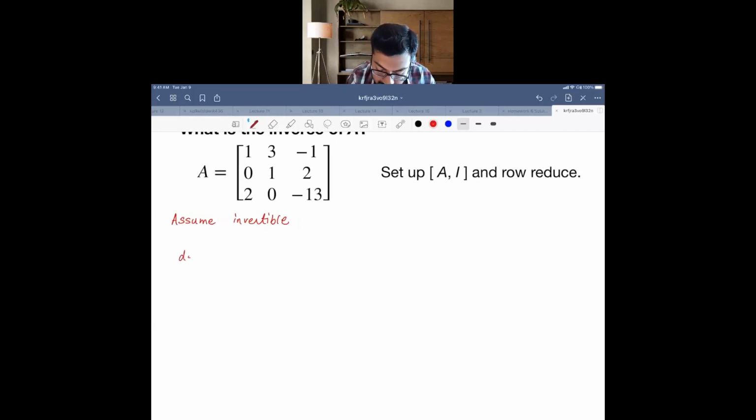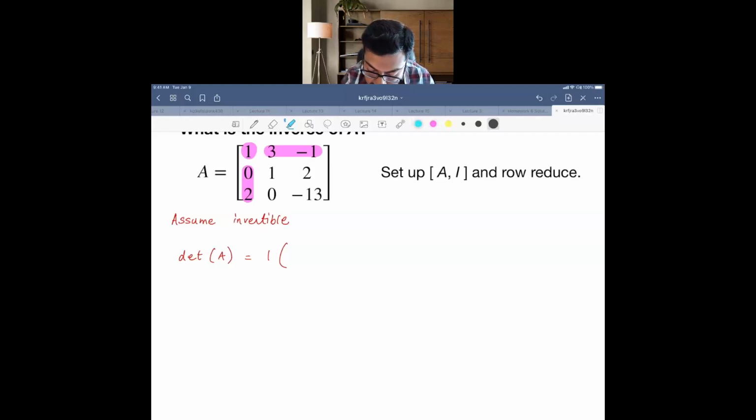So determinant of A is going to equal, and I can do this by using any row or any column. So I'll use the first row to do this. What I do is I will take this and find the determinant of the submatrix. If I eliminate that row and that column where the 1 is, I get its submatrix.